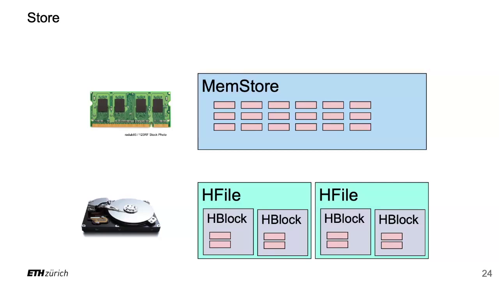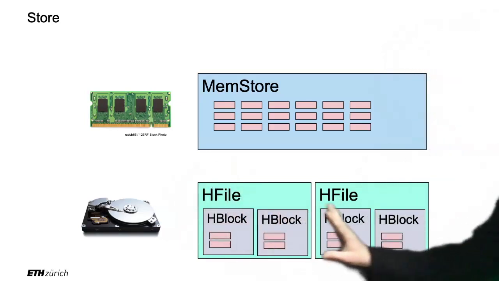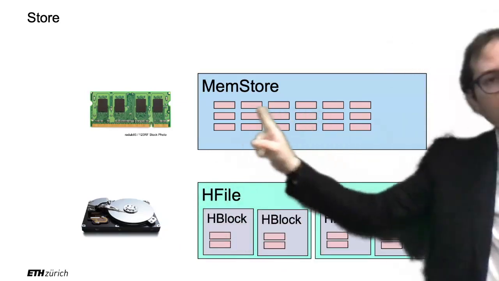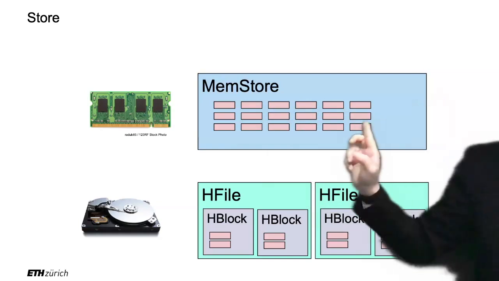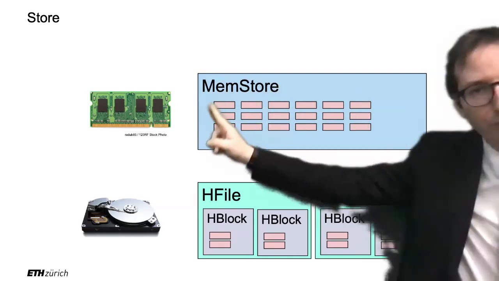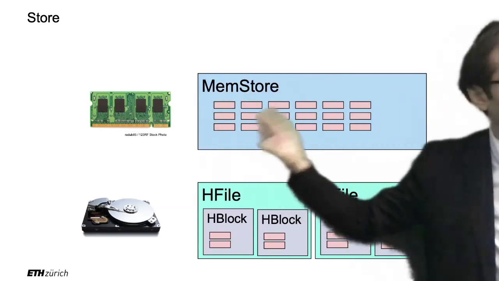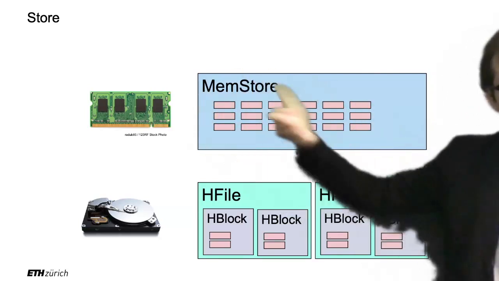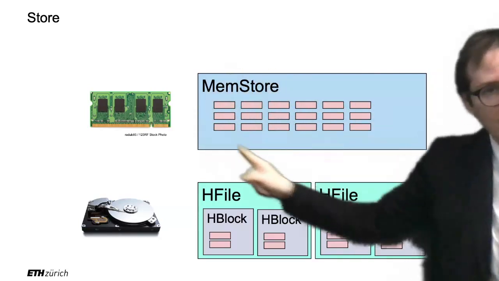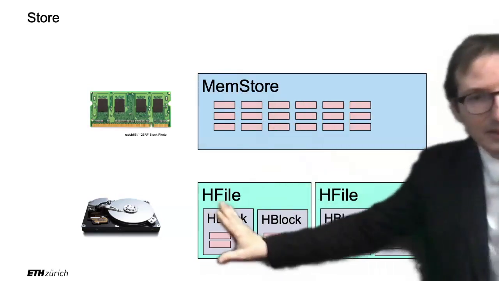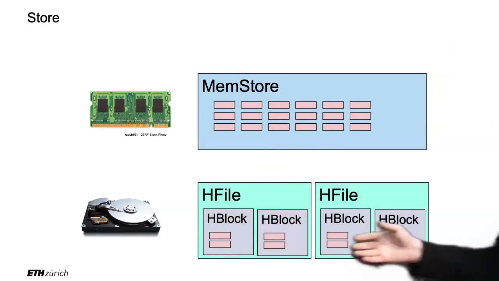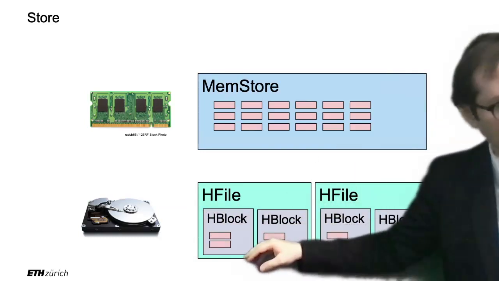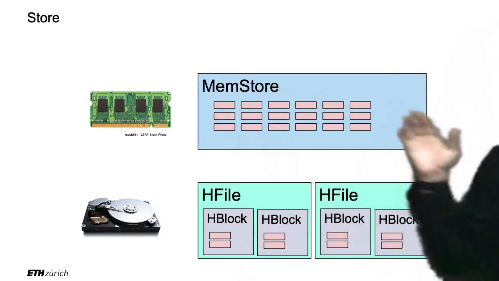You need to look at the HFiles and look for the key values in there. And you also need to look in memory. The reason is that the very fresh and recent key values that have just been added recently, they are stored in the memory. That's called the MemStore. So they are stored in the memory, and these are the older values. So basically, the HFile contain older values that have been persisted to HDFS, while the new and fresh values are still in memory.